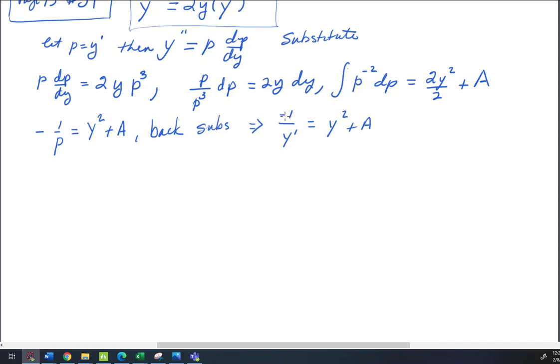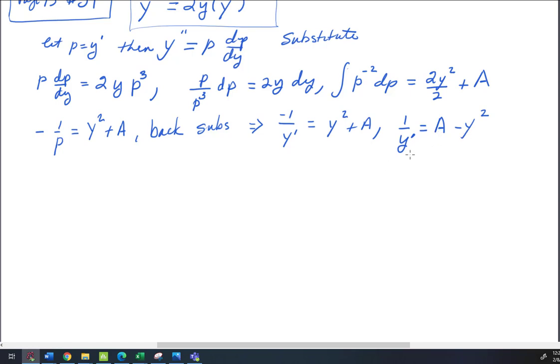Now I'm going to multiply through by negative 1, and as I do that I get 1 upon y prime. I know that many of you can do a whole lot of this in your head. But I want to emphasize that when I multiply through by negative 1, I get a negative y squared minus a. But a is an arbitrary constant, so negative a would be an arbitrary constant also. I might as well just call that a and absorb the negative 1 into the constant a. But that would not be true of the y squared. I can't be quick and loose with the negative on the variables, but I can with the constants.